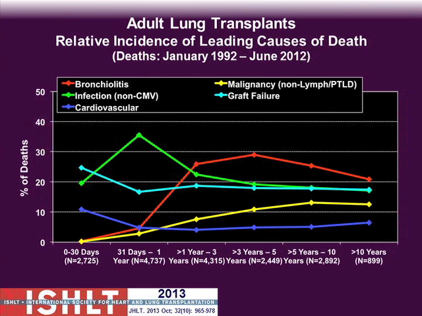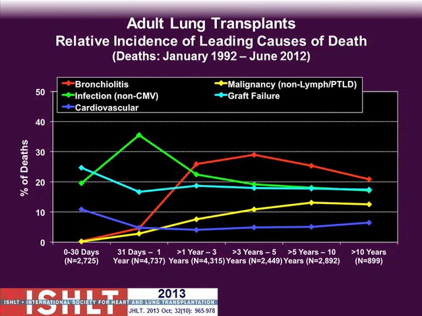Malignancy, which is non-lymphoma or non-post-transplant lymphoproliferative disease, can be of various types: recurrence of breast cancer, colon cancers, and severe skin cancers are extremely common. But this does increase in incidence, mainly due to the immunosuppression that these patients have been under for many, many years.